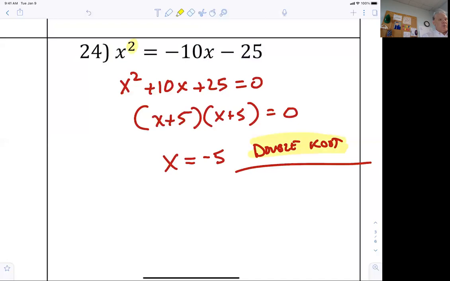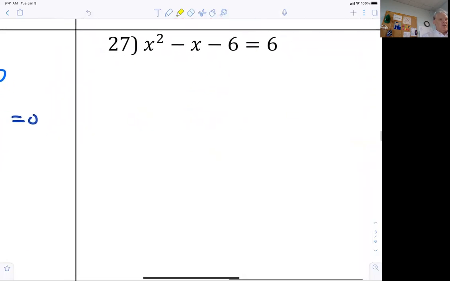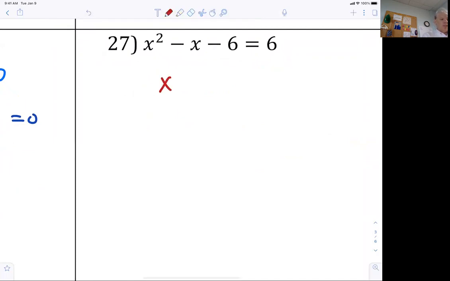All right, here we go. What's the problem? You got to move the 6 over. So that becomes x squared minus x minus 12 equals 0. No, we want the x squared to be positive. Anybody have any issues with that?